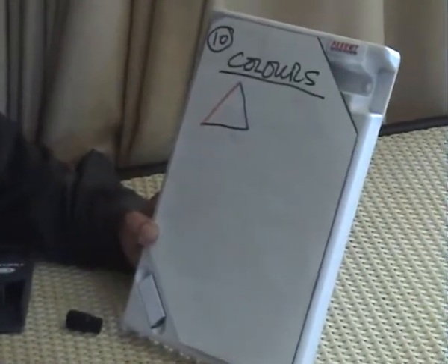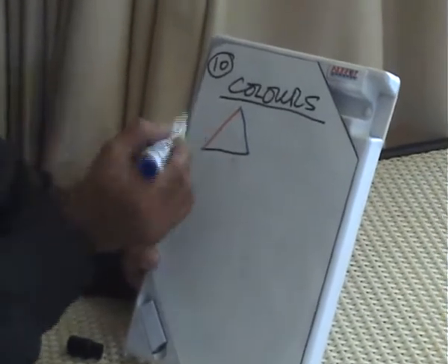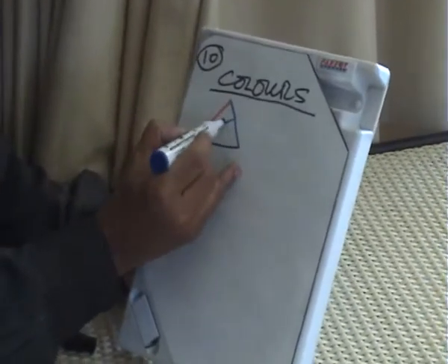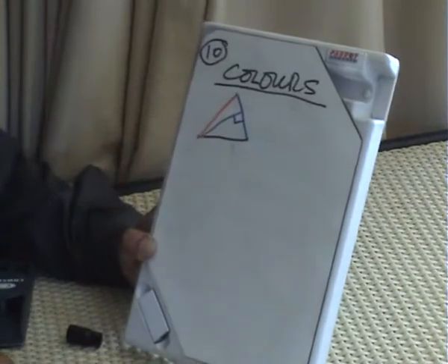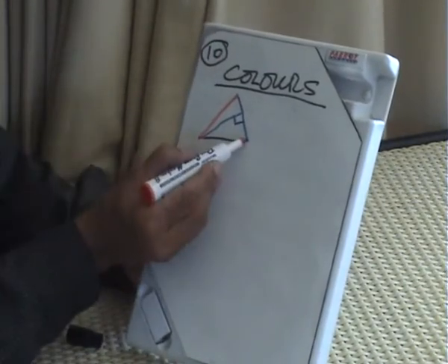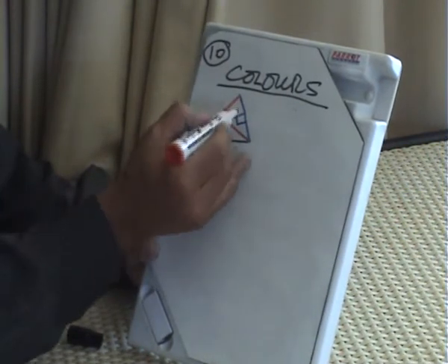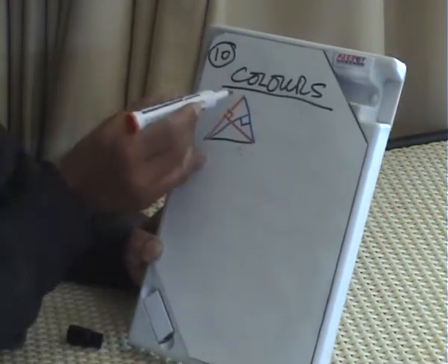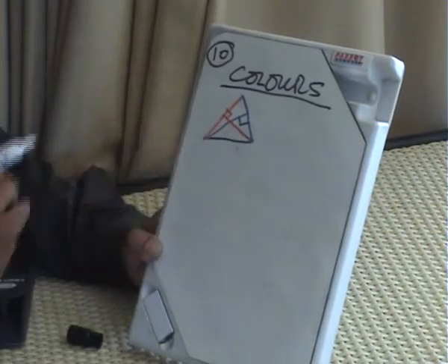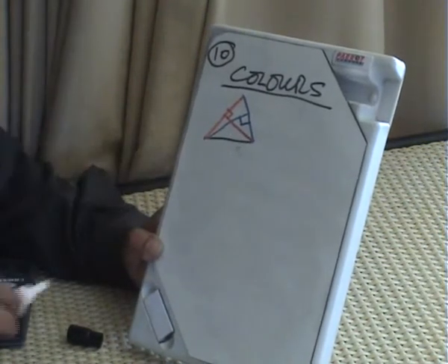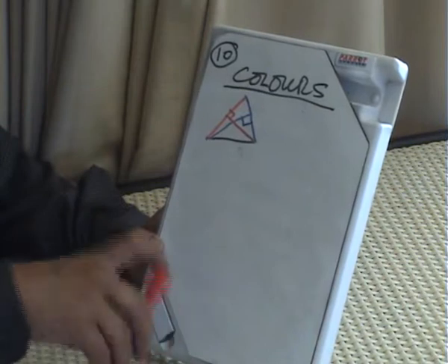In this triangle I can use colors. If I use colors like this, it just makes my life so easy. I can see clearly that a blue base is working with a blue height, that a red base is working with a red height. So using colors can make your life very, very easy.